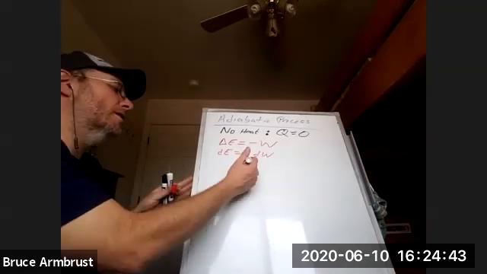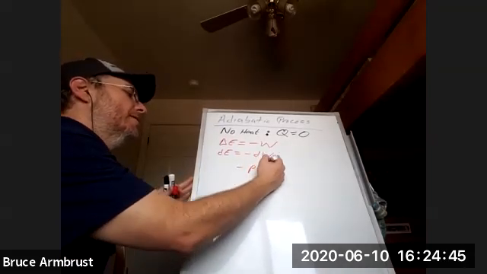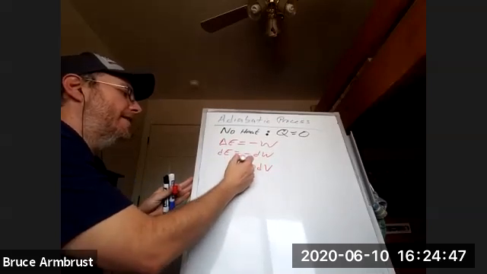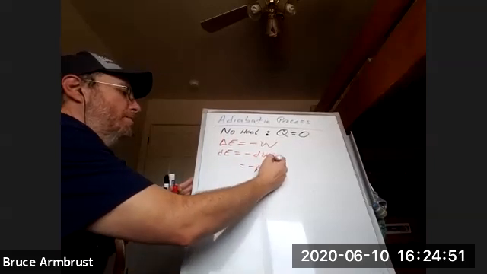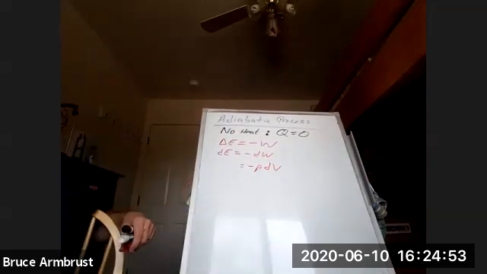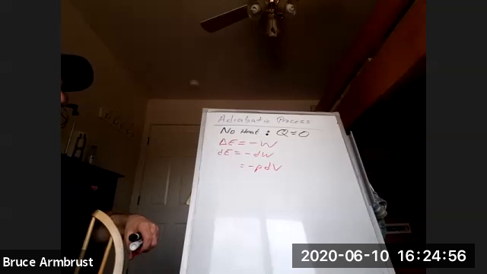Now work, we already know, is P dV. So the differential amount of work is equal to P times dV.